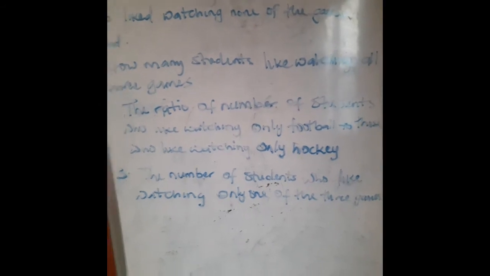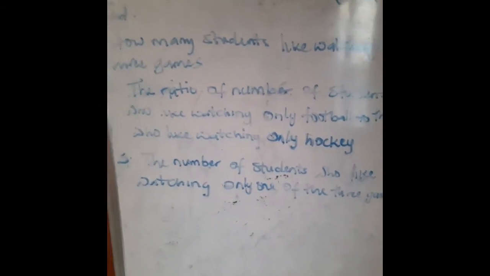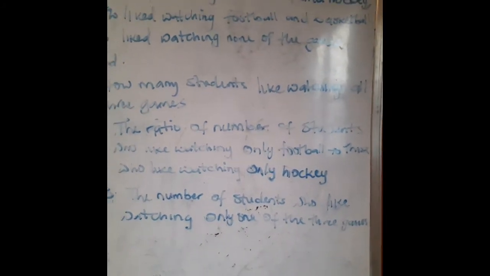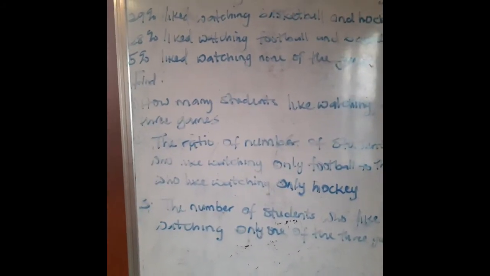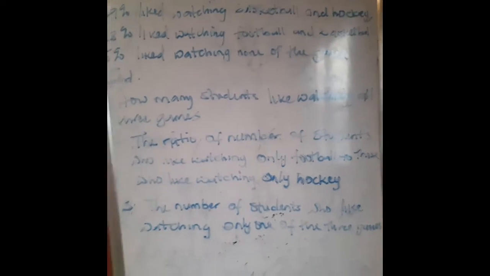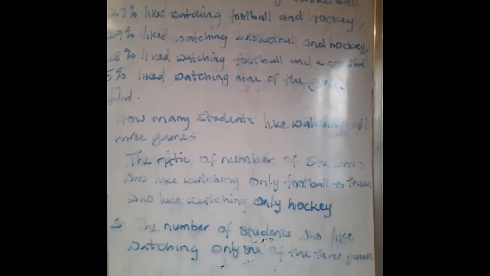And number of students who like watching only one of the 3 games, that is the person that likes only one, that does not like hockey and basketball but likes only football. So I know there are some people like that. So I'm going to raise the board and so we can start the solution rather.